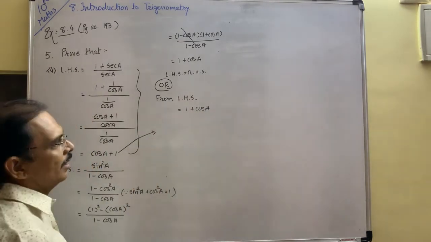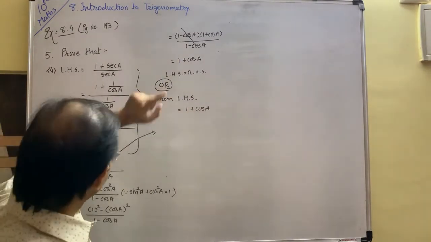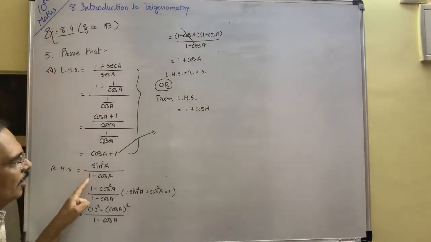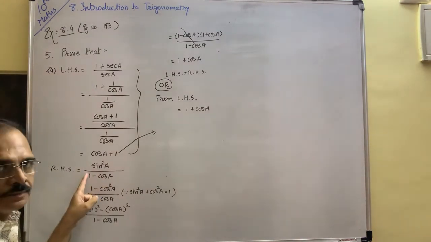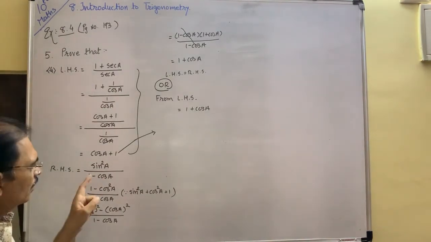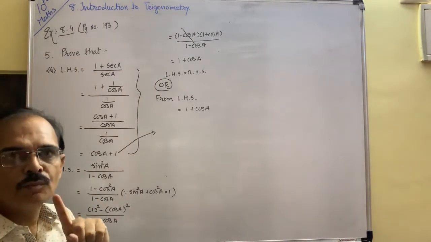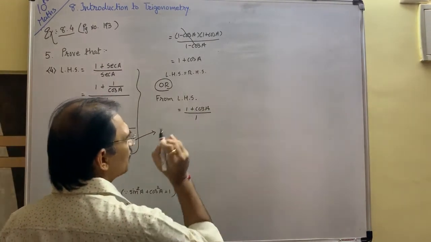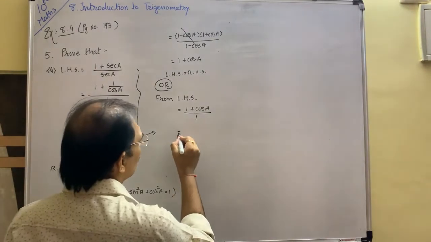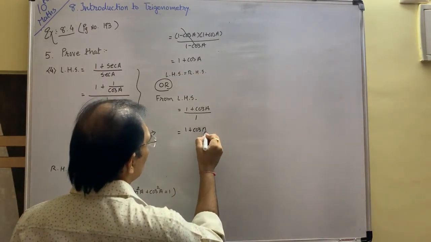After that I need this sin square upon 1 minus cos A. So you want to prove this. Means I need what? 1 minus cos A in the denominator. So here there is no denominator, means denominator is 1. Now 1 plus cos A upon 1.